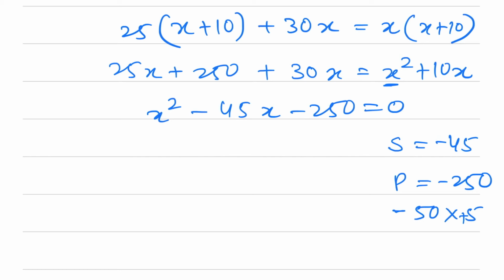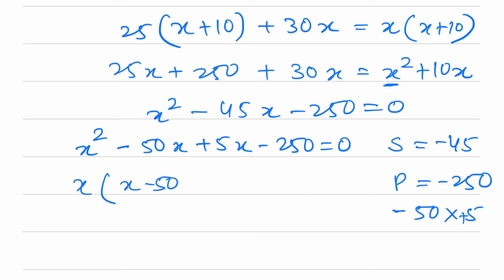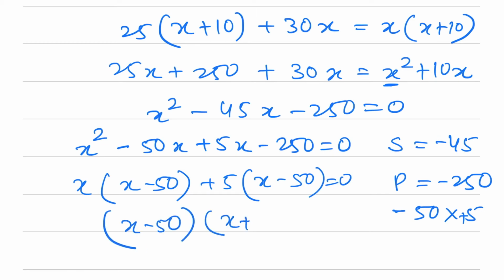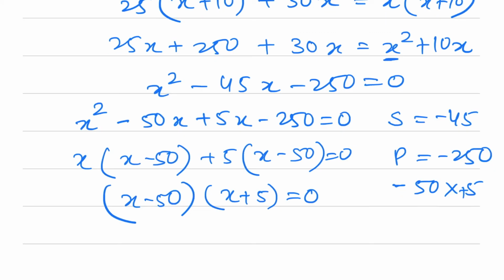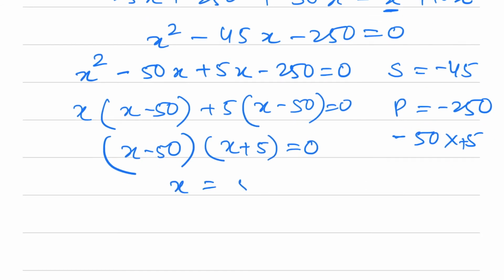So let's split the middle term. We have x square minus 50x plus 5x minus 250 is equal to 0. Now x is common, x minus 50, plus 5 is common, x minus 50 is equal to 0. So x minus 50 and x plus 5 is equal to 0. Now x is equal to 50 or minus 5.